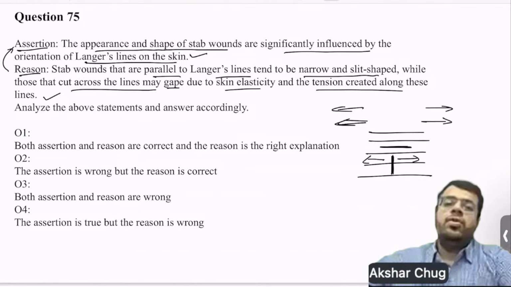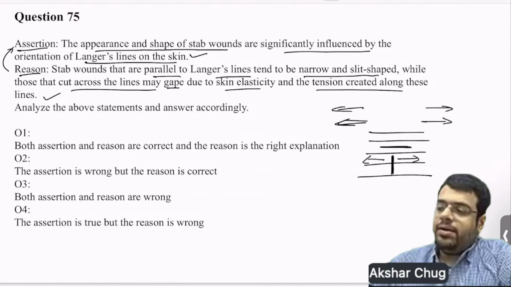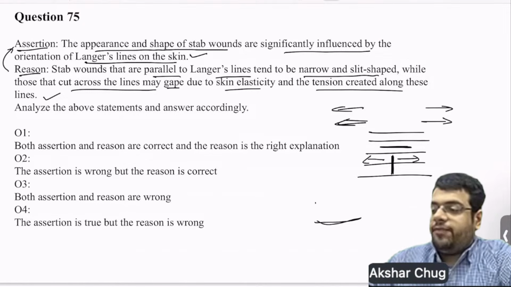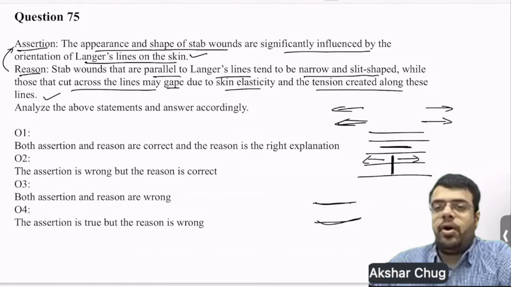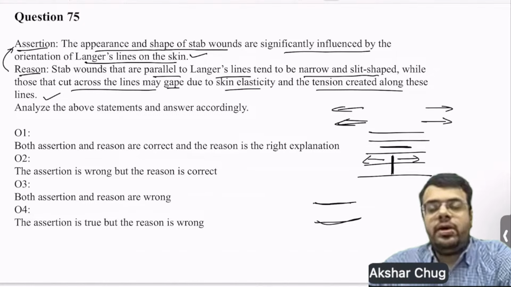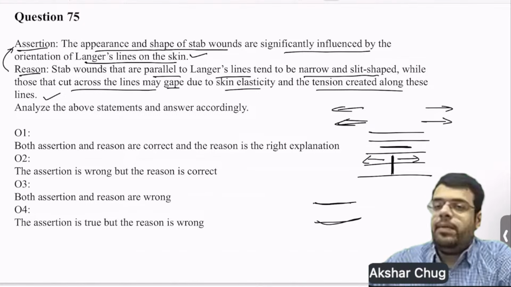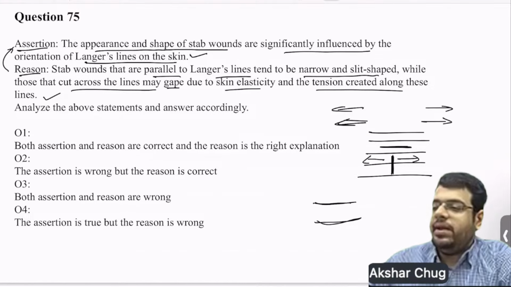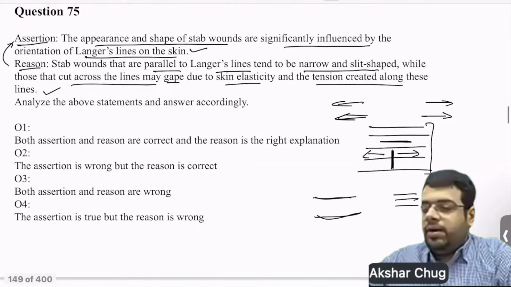So you may have noticed that the surgeon always puts a horizontal incision on the abdomen. A Pfannenstiel incision is also put horizontally. The reason for a horizontal incision is that it provides better cosmesis and less scar formation, as the Langer's lines on the abdomen are horizontal. So here option A would be the right answer.